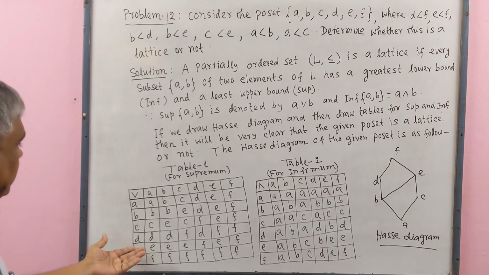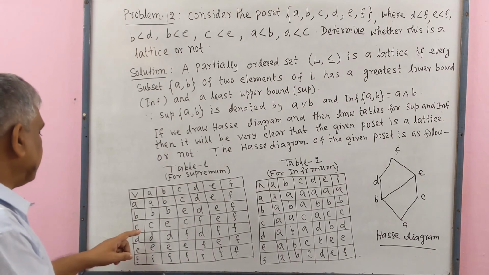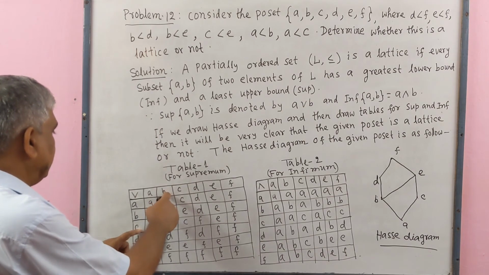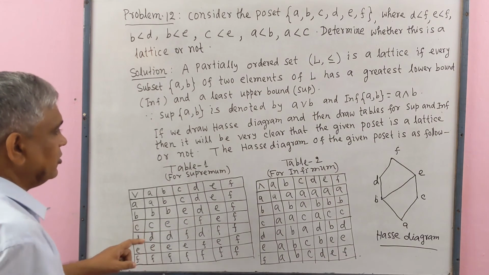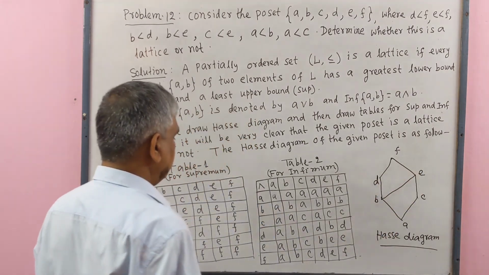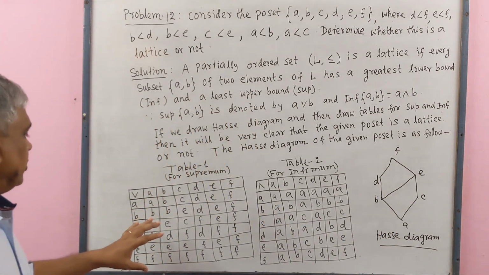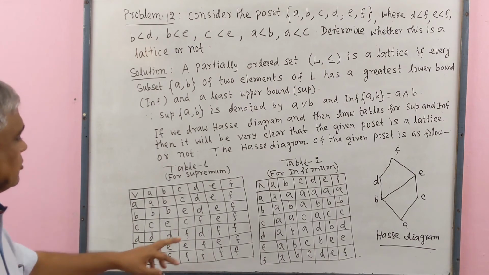For each pair of elements we get the supremum. For example, C and B, the supremum is E. In this way, if we take any two elements, we get the supremum.